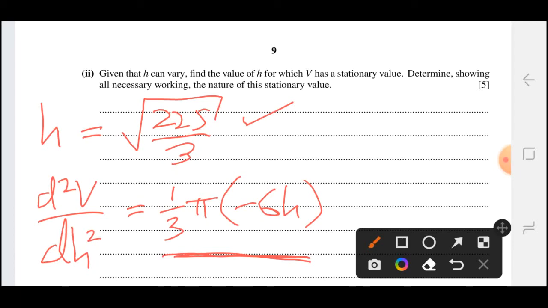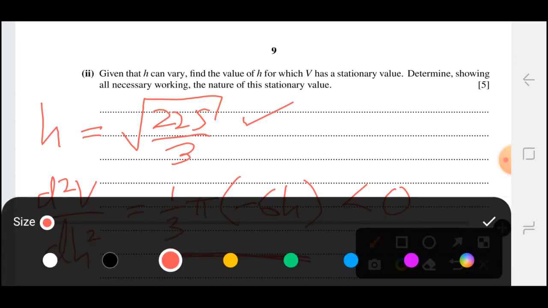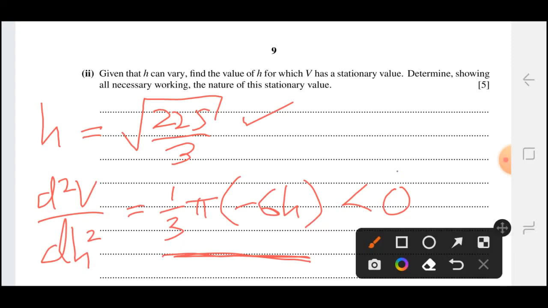And when d squared V over dh squared is negative, it means our turning point is a maximum.